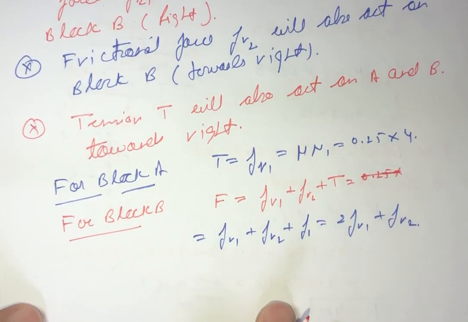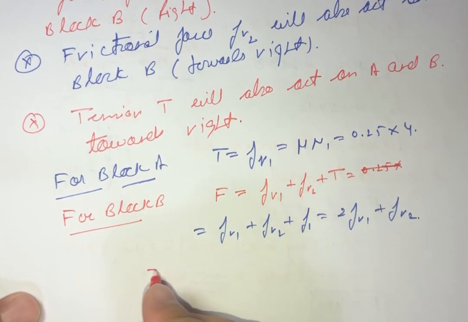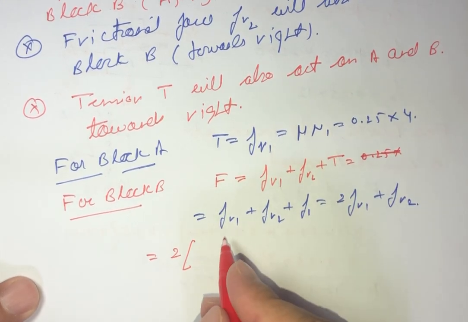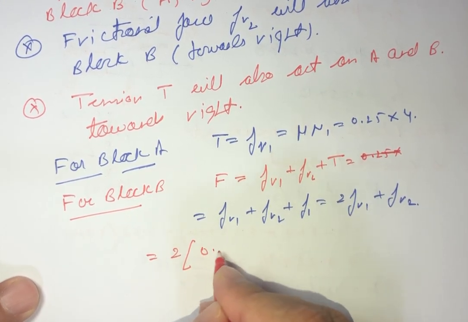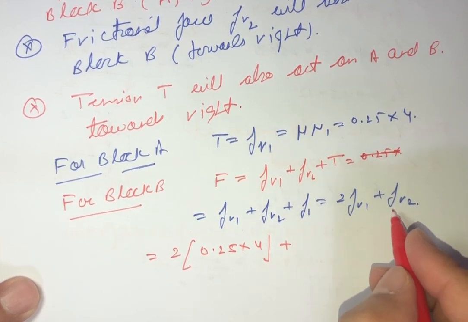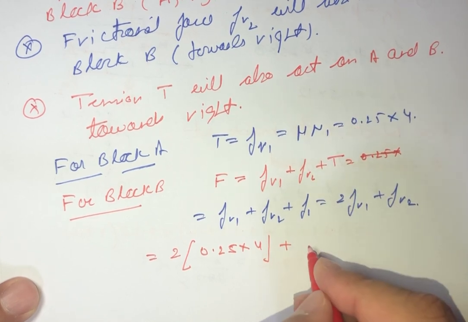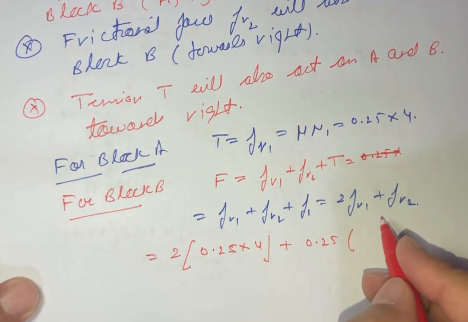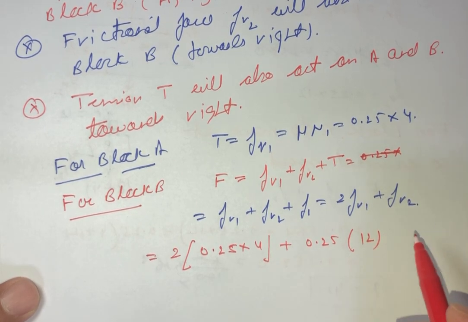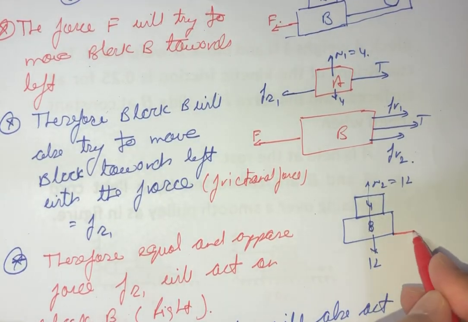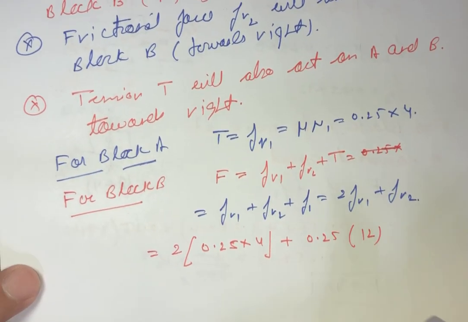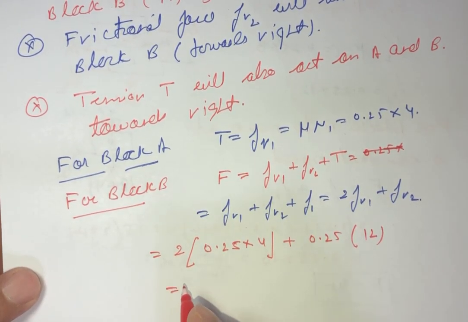And Fr1 we already know is 0.25 into 4, twice, plus Fr2 is 0.25, weight is our 12. And we can solve this.